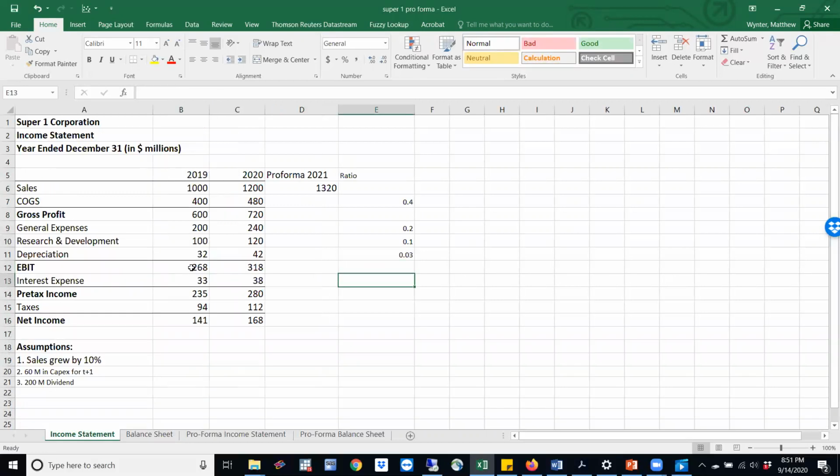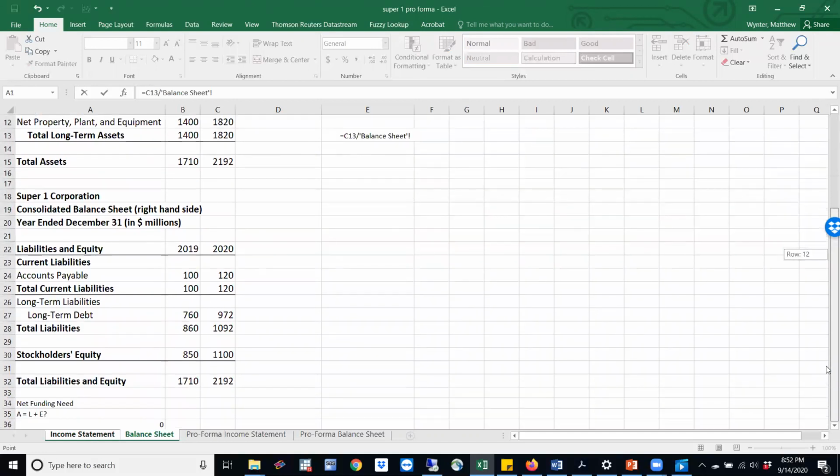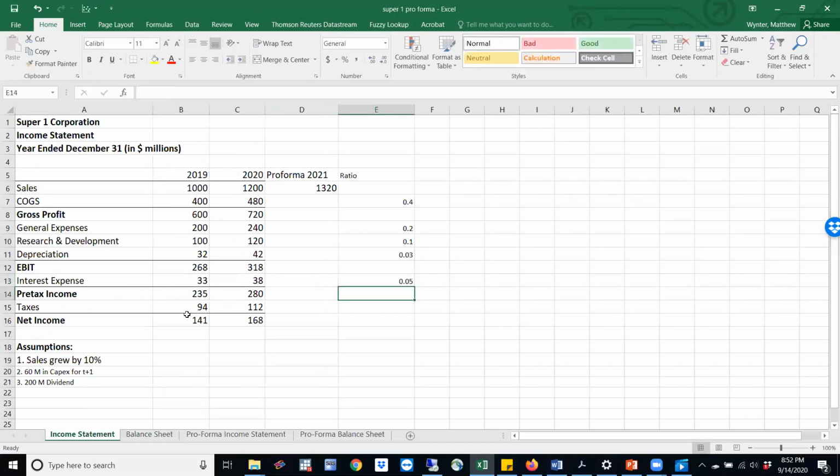We also have our interest expense, and it's the same idea. Our interest expense, we want this to be a fixed function of the amount of debt that we borrowed in 2019. So we take our 2020 interest expense, and we're going to divide that by our balance sheet, our long-term debt from the previous year.